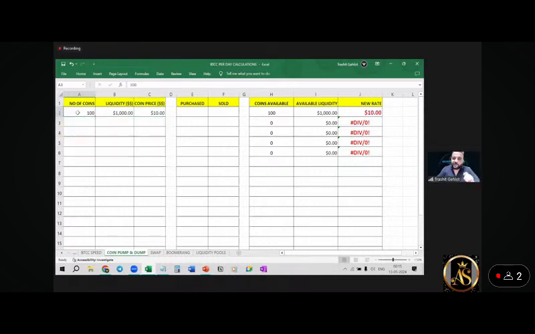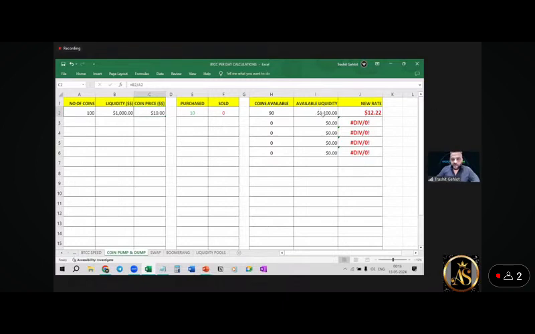Assuming that you have 100 coins and liquidity is just $1,000, that determines the price of a coin, that is $10. Now if someone purchases 10 coins, the coins left in the system are 90. And as 10 coins were bought at $10, $100 was added into the liquidity.